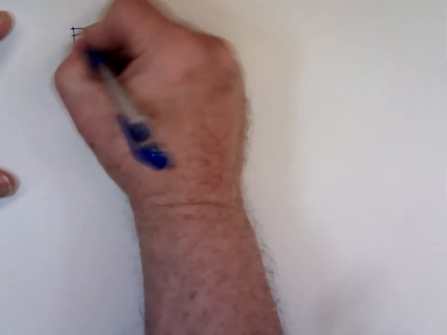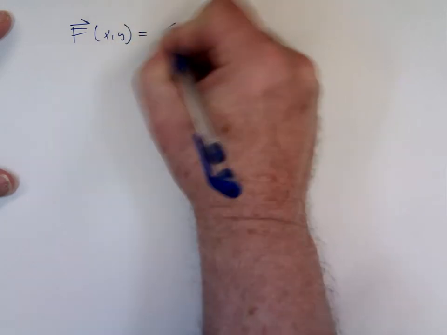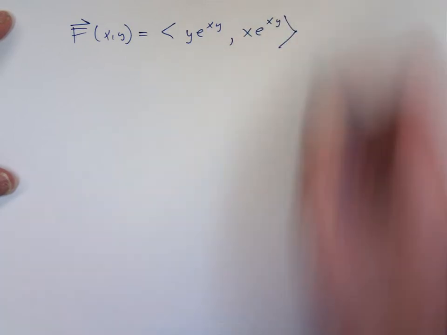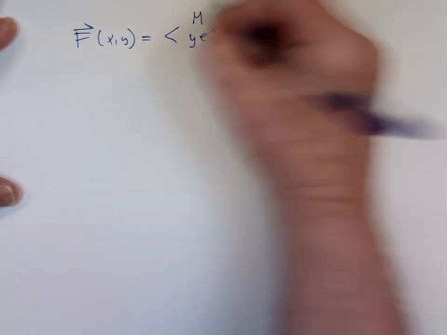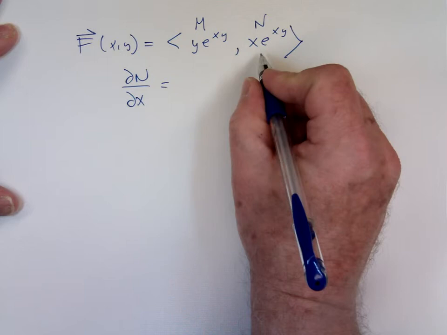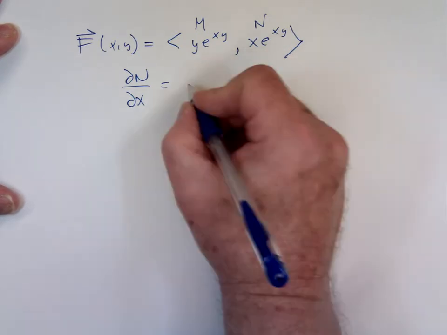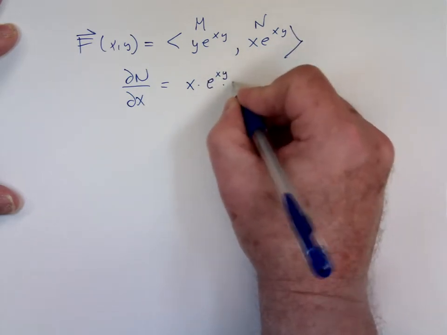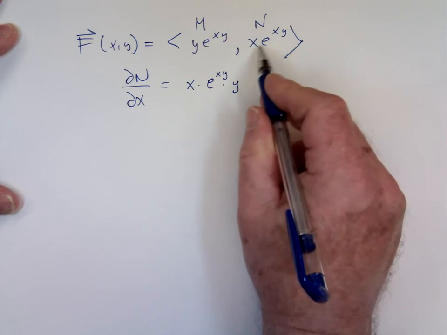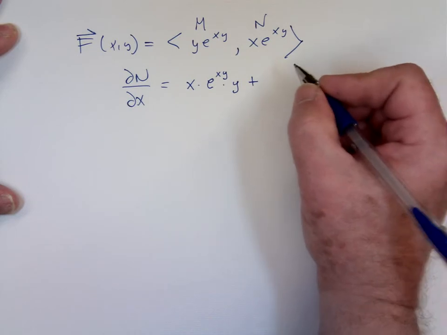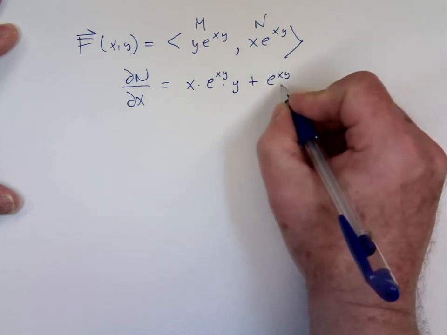Let's take a look at this. Here's our field. And what we want to do is see if it's conservative. Here's M, here's N. Take the partial of N with respect to x. You've got a product rule: first times the derivative of the second, which is e to the xy times y, the derivative of e to the u du, plus second times the derivative of the first, which is just plain 1.